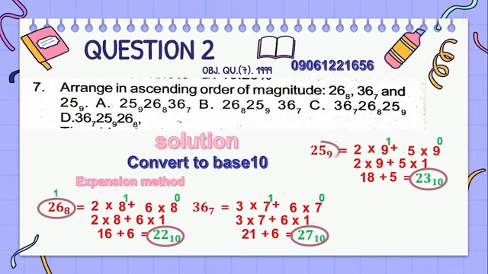So that is the second number. The last number is 27 base 10, and what converts to 27 base 10 is 36 base 7, and that is the third number. So when you look at the options now, you can see the answer is option B. So that's the solution to this question, and that is how you solve a question like this.